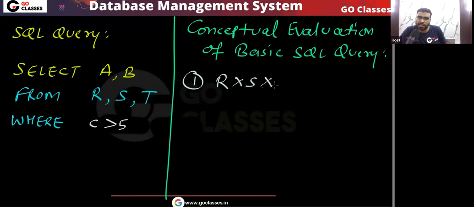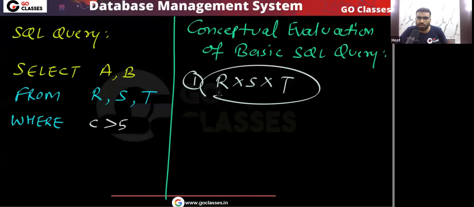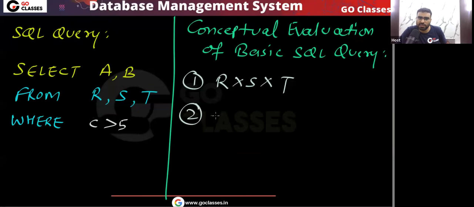So r cross s cross t means every tuple of r with every tuple of s with every tuple of t, the combination of all the tuples. Very simple.